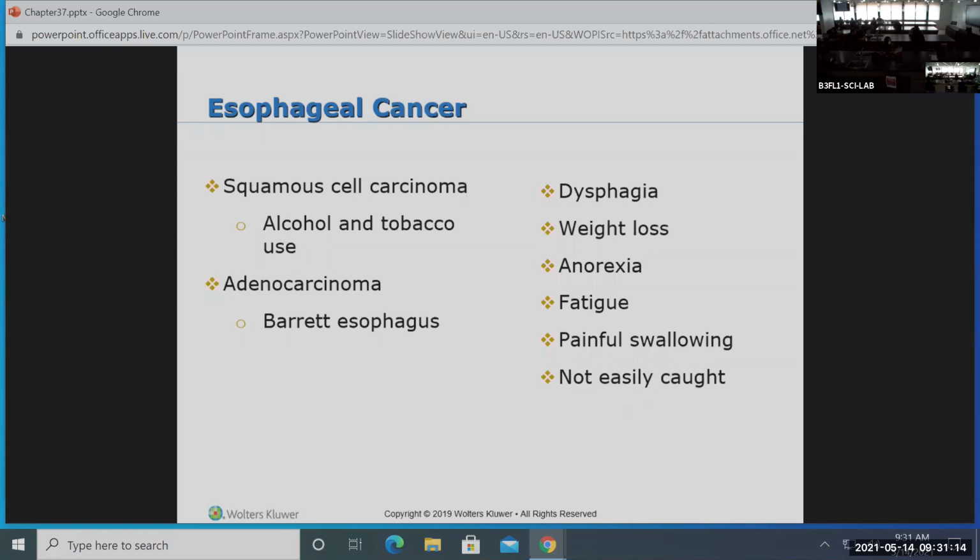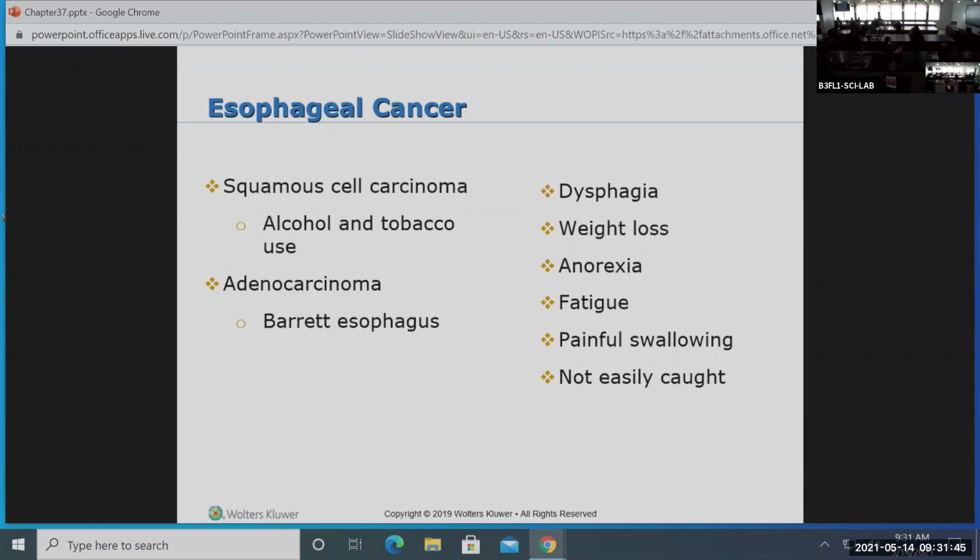Please remember, in Barrett esophagus, normal lining of the esophagus, which is squamous type, is replaced by the columnar cell. And that is called Barrett esophagus, and that gives me a sign that something is not okay. Adenocarcinoma, that is a cancerous condition. Barrett's esophagus, highlight.